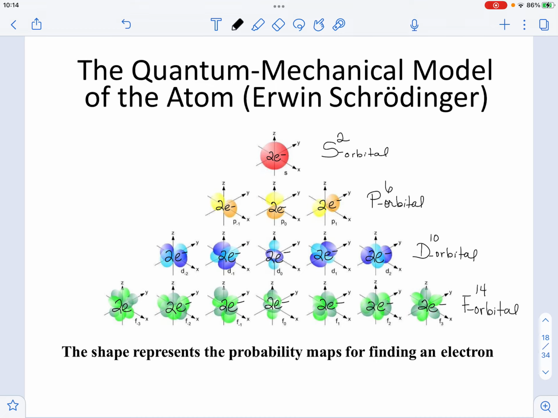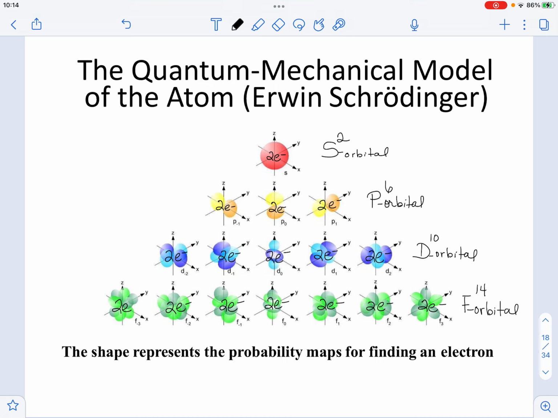So we can have electrons in an s orbital, which is the one you see at the very top. You can have electrons in a p orbital, a d orbital, an f orbital. In the top right corner, you see a superscript with a specific value, and that is overall how many electrons can maximally populate each of these probability maps.